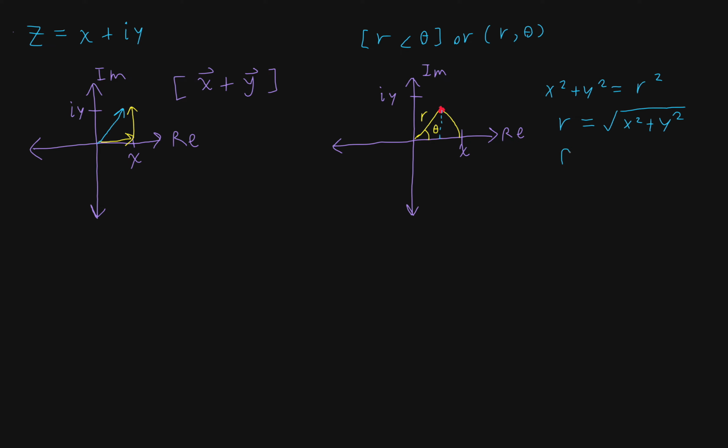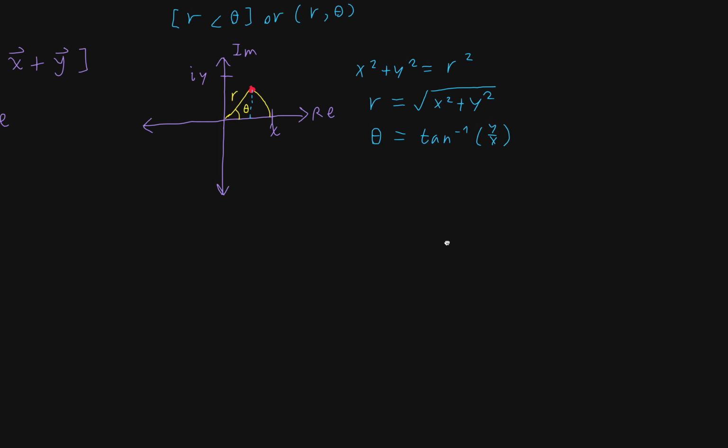Now if we want the angle here, we are basically given the x and y coordinates. And since this is opposite and this is adjacent, the angle is going to be the inverse tangent of y over x.